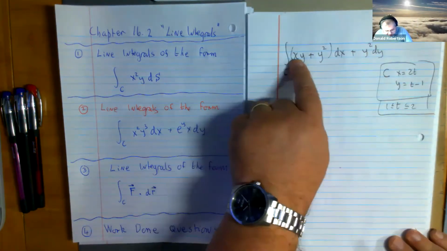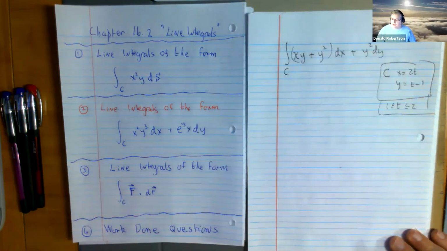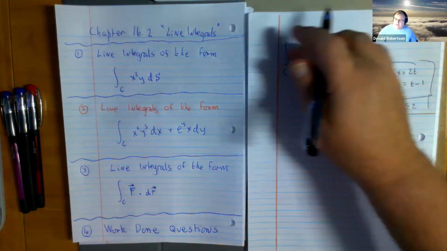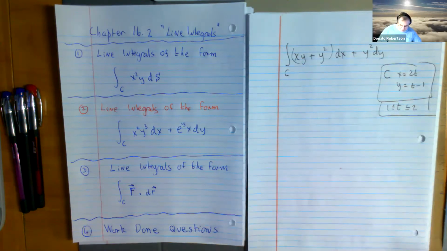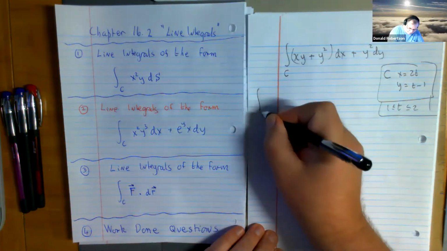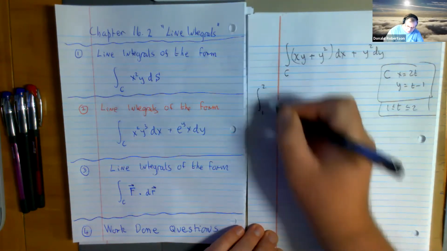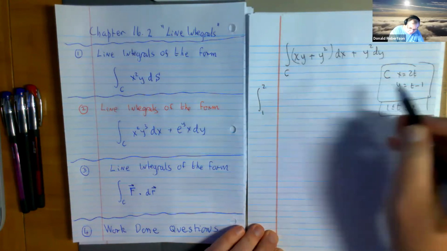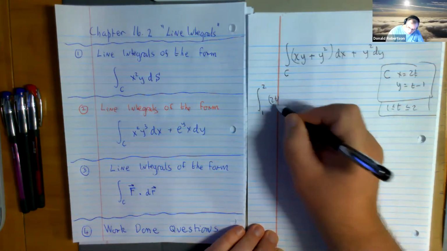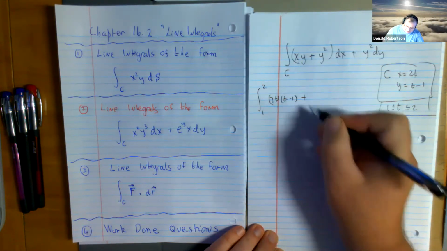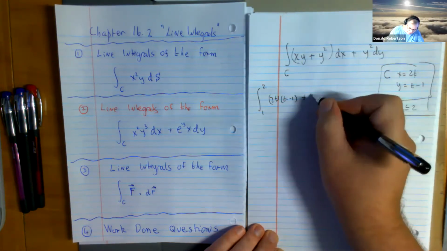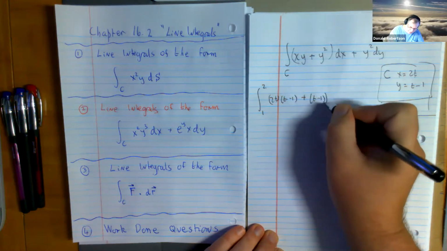You convert everything into t's. And then what you'll end up with is a single integral from 1 to 2 using nothing but t's. So from t equals 1 to 2, x gets replaced by 2t, y gets replaced by t take away 1, plus y squared becomes t minus 1 squared.